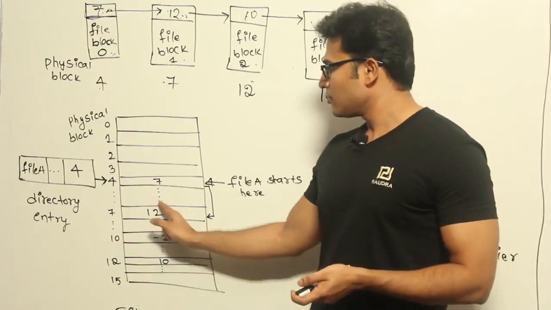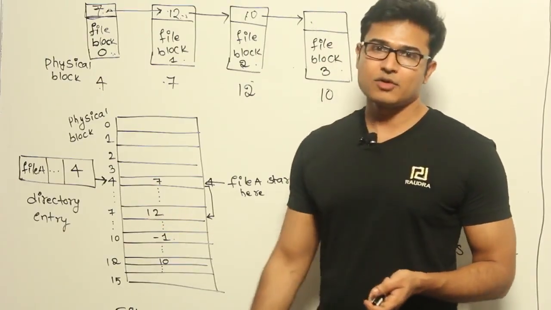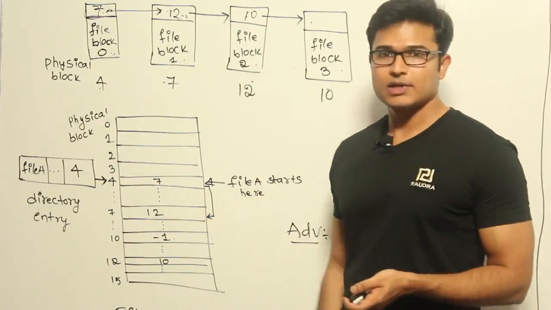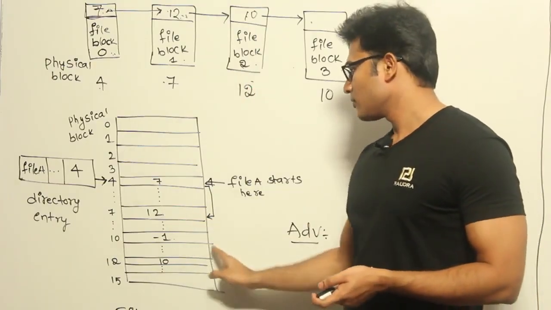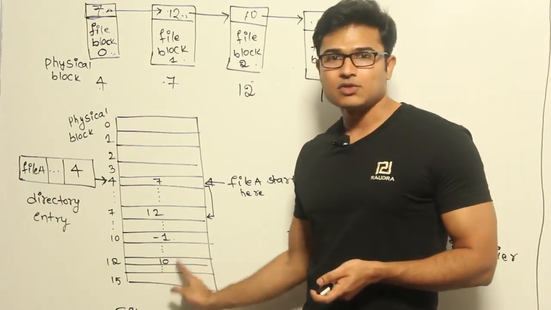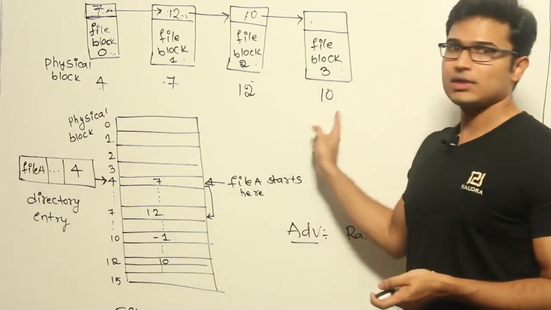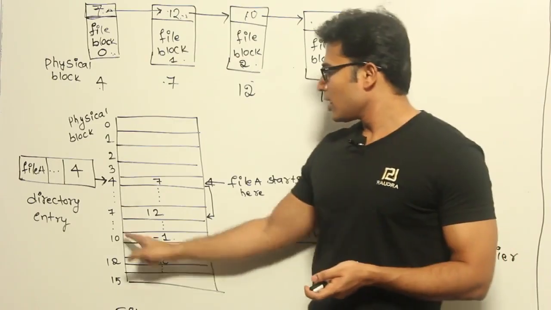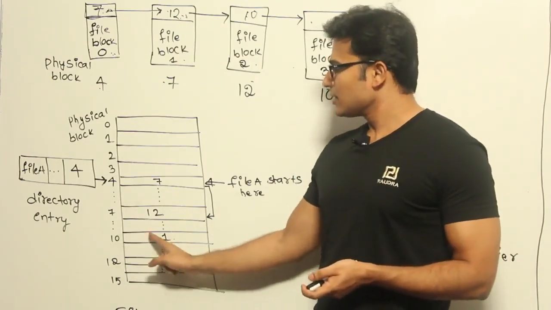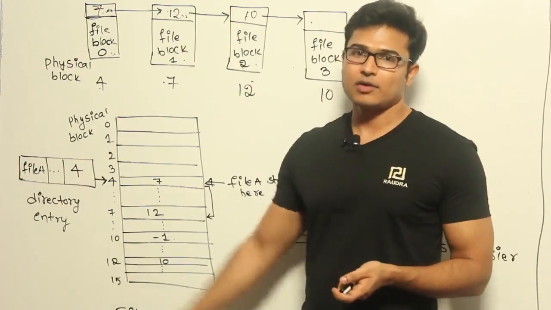It is saying that the third block of the file is present in block number 12. And now if you go to block number 12, it is going to show you where the fourth block of the file is present. It is showing 10. Now if you go to the 10th block, it is showing -1. What does it mean? It means that the file has ended in block number 10.